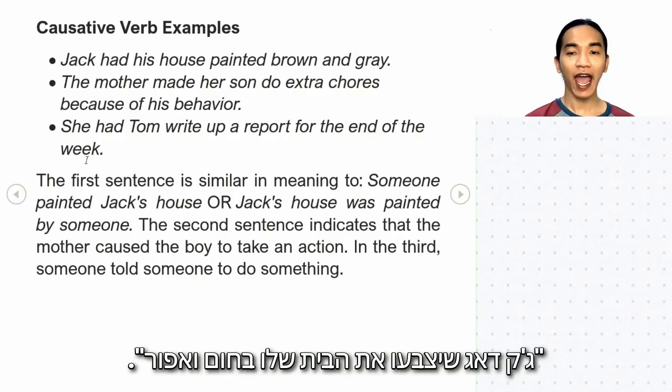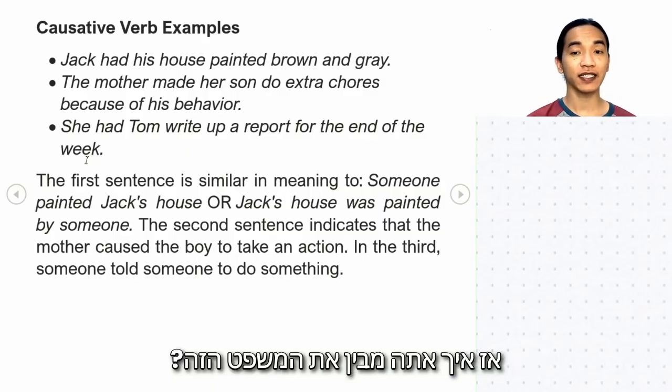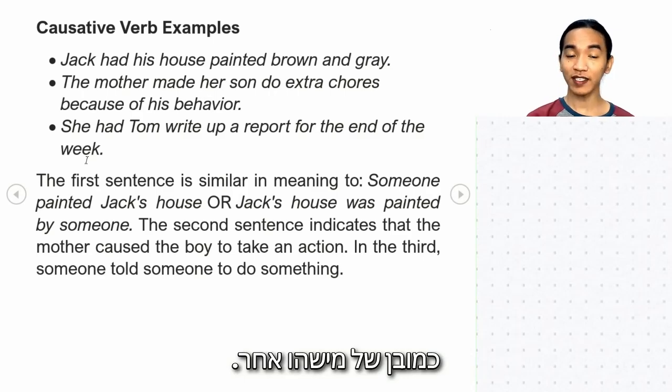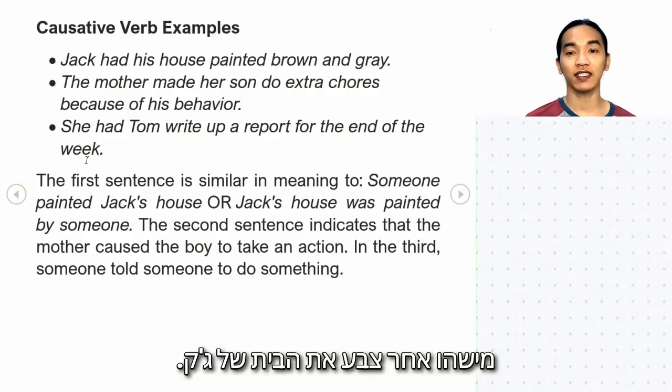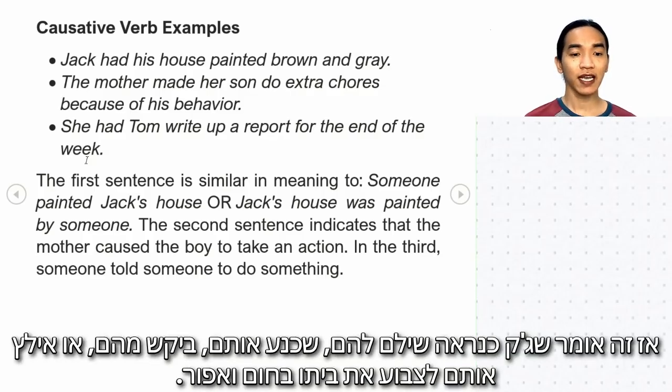Okay, Jack had his house painted brown and gray. So, how do you understand this sentence? Of course, someone else painted Jack's house. So it means Jack probably paid them, convinced them, requested them, or forced them to paint his house brown and gray.